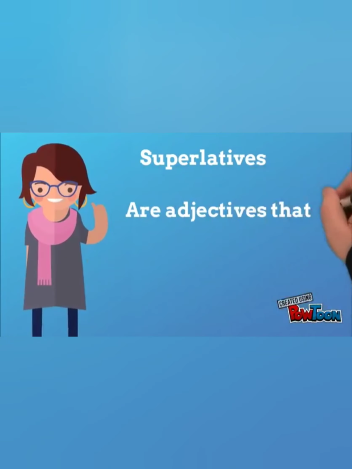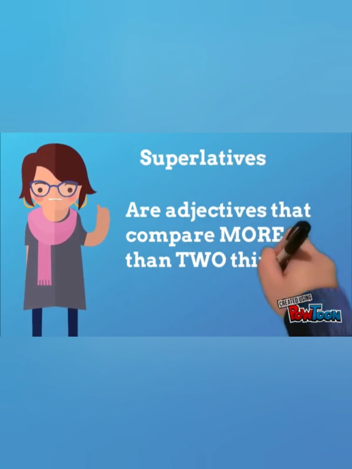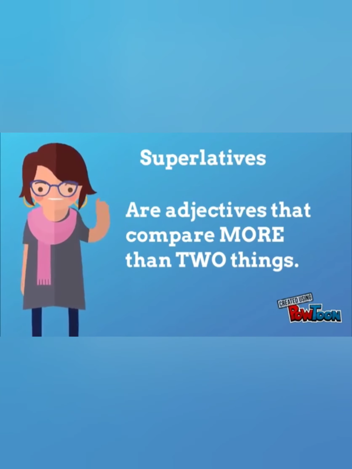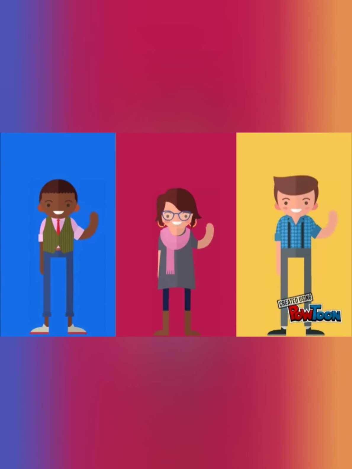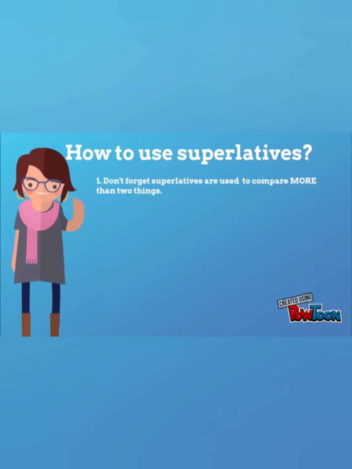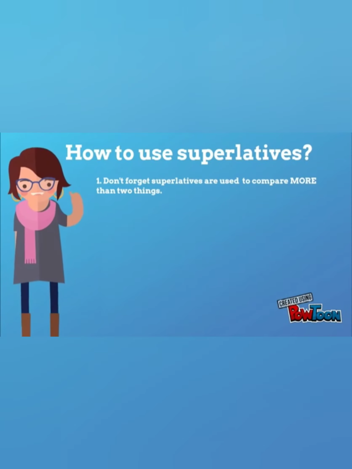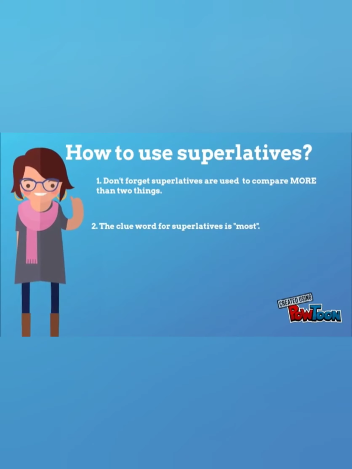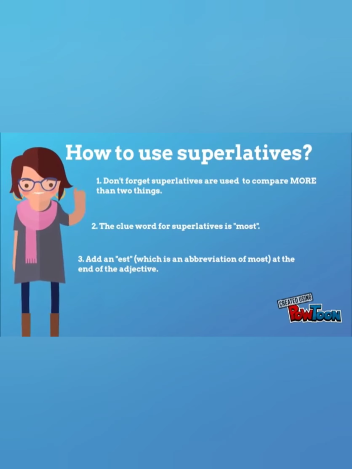Superlatives are adjectives that compare more than two things. Like comparing three people to see which one is the oldest, the youngest, and the tallest. How to use superlatives. First, don't forget superlatives are used to compare more than two things. The clue word for superlatives is most. Add an EST, which is an abbreviation of most, at the end of the adjective.